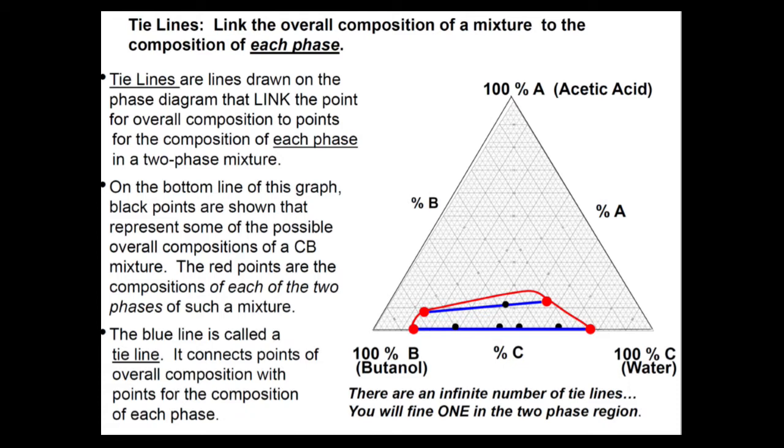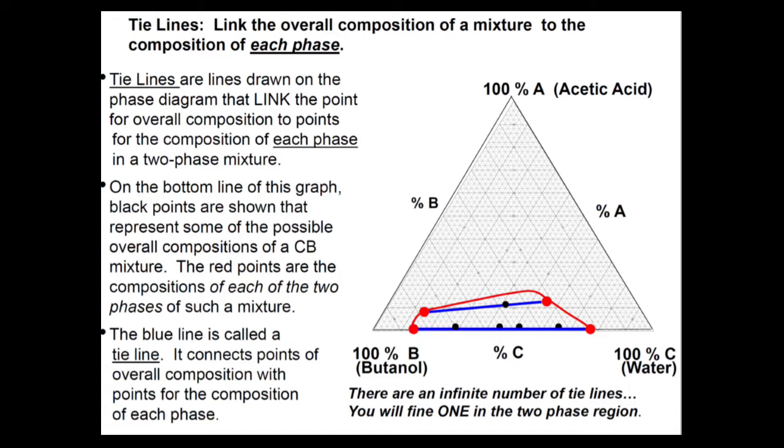So all of the points on the blue line on the bottom of this graph, if you can imagine, they're all really black points, right? They're all overall composition points. They all have the same composition of each phase when you separate them. And that line, that blue line, is called a tie line.